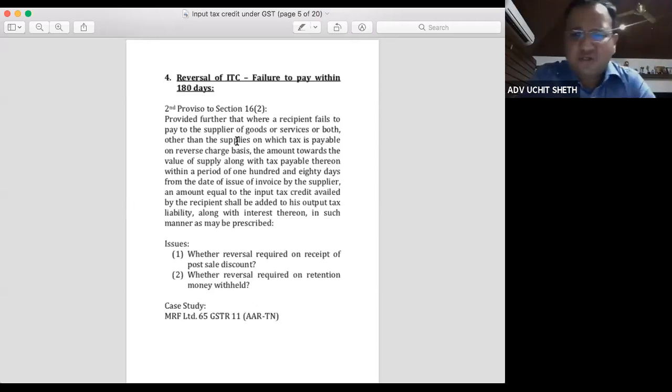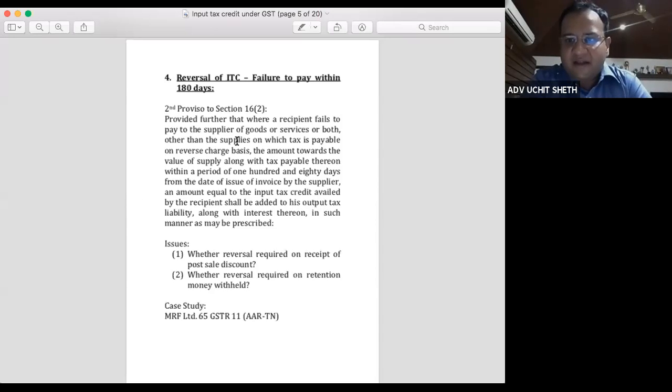Now, two issues arise in interpretation of this provision. First, whether I as a buyer need to reverse the input tax credit if my seller gives a post-sale discount to me.